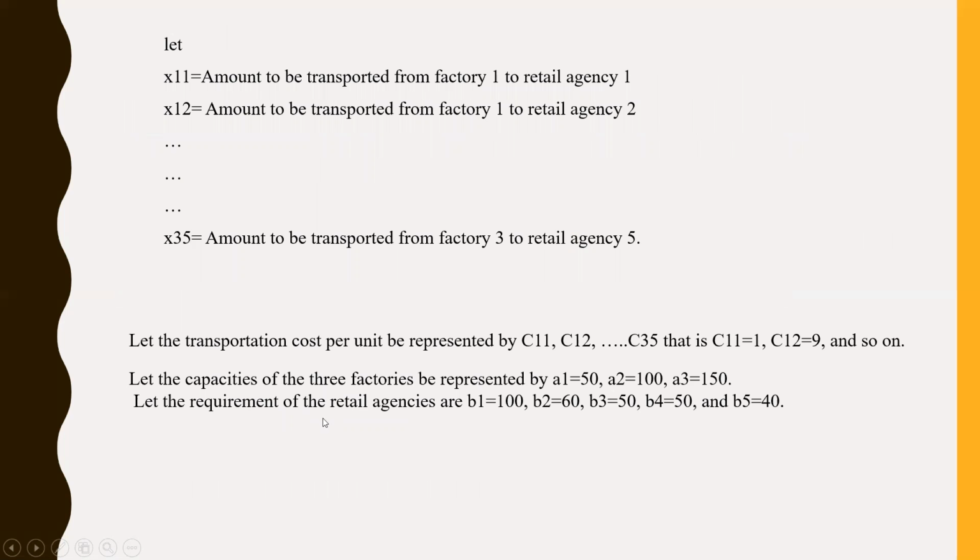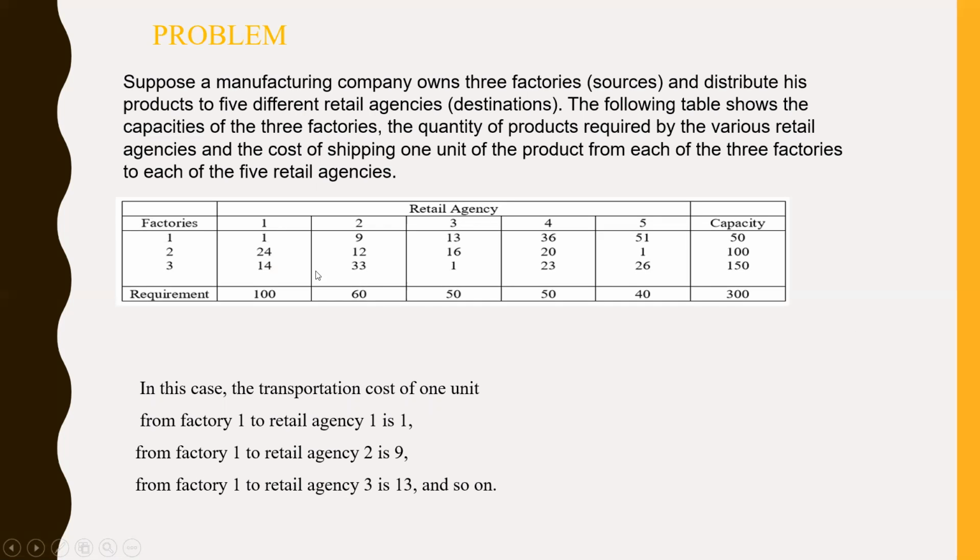Then let the capacity of the three factories be represented by A1, which equals 50, A2, factory 2, which equals 100, and A3, factory 3, which equals 150.